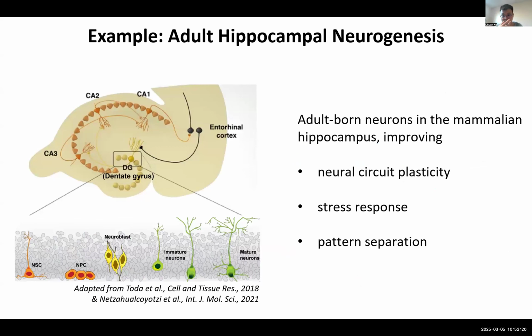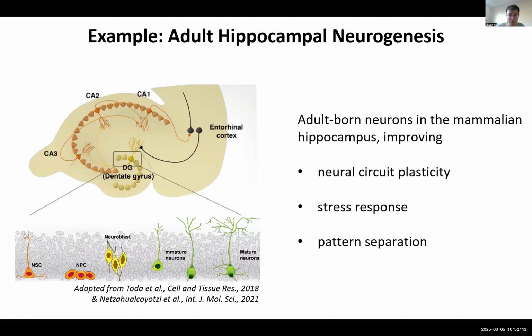I will detail an example to show the practical applicability of CellHint. This example is focused on adult hippocampal neurogenesis, where newborn neurons are produced in the dentate gyrus of the hippocampus and gradually mature into granule cells.